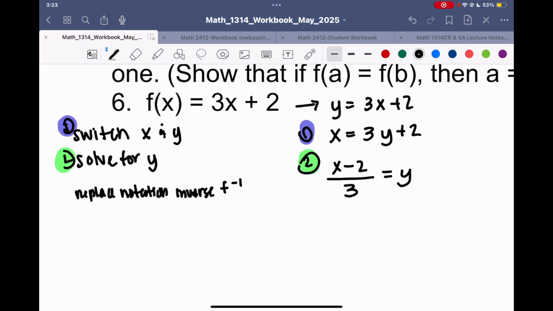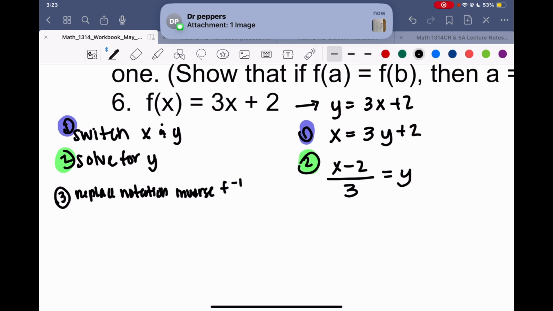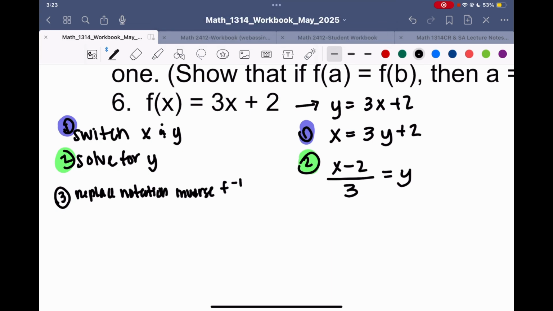And then step 3 is going to be where we take this and replace the notation of y. So that's going to be x minus 2 over 3 equals inverse.